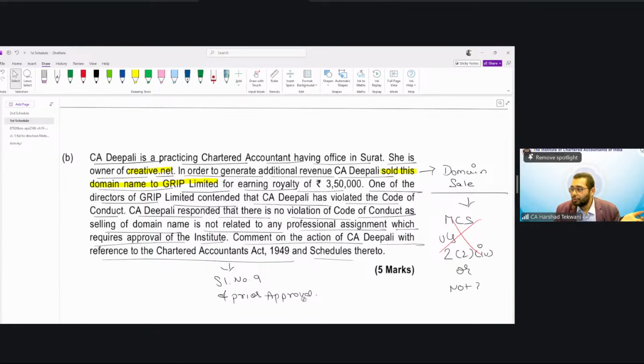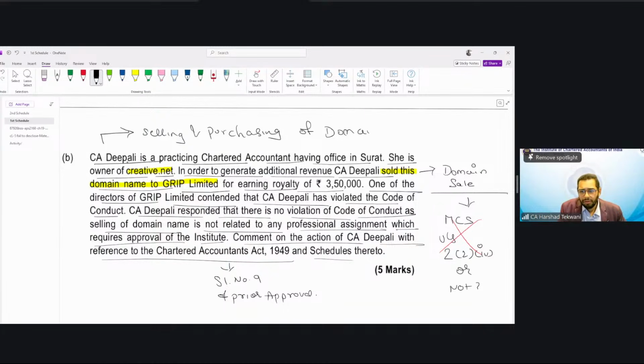So she was supposed to, like, selling and purchasing of domain. Selling and purchasing of domain is other business. As a result, requires approval, and she has not obtained the approval.